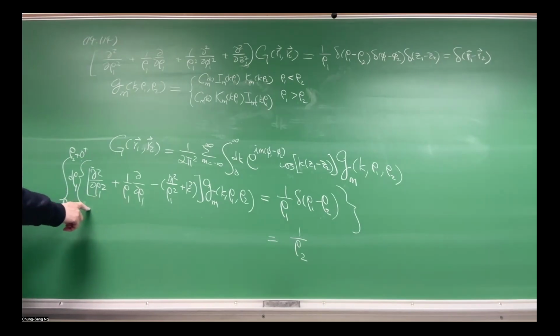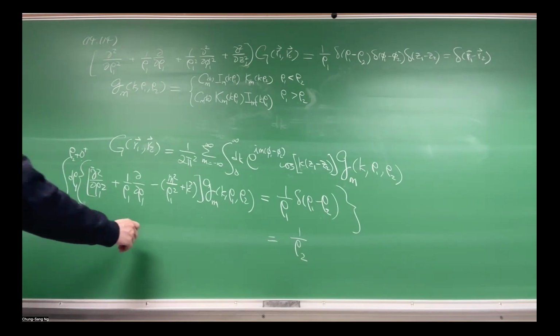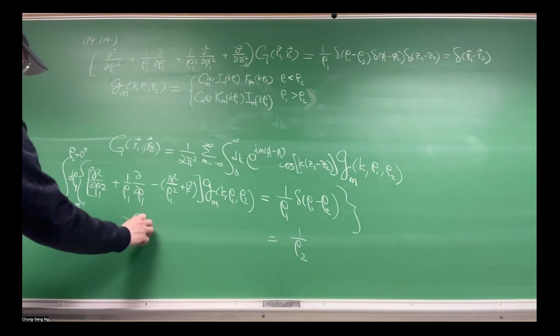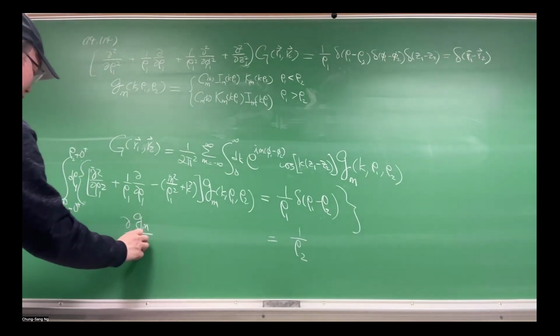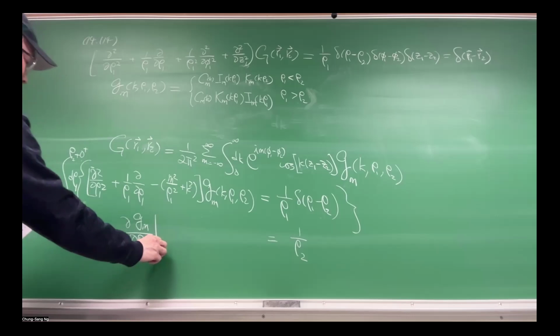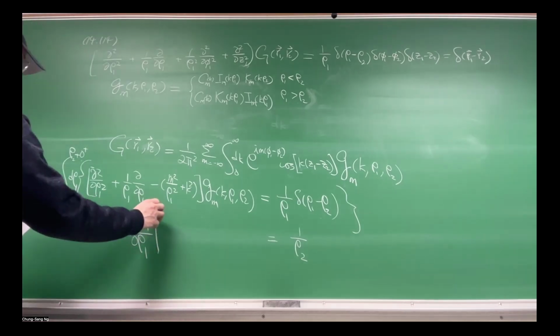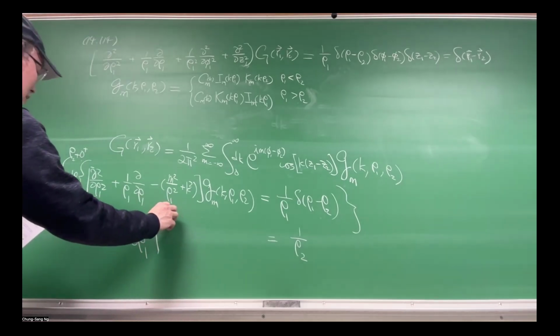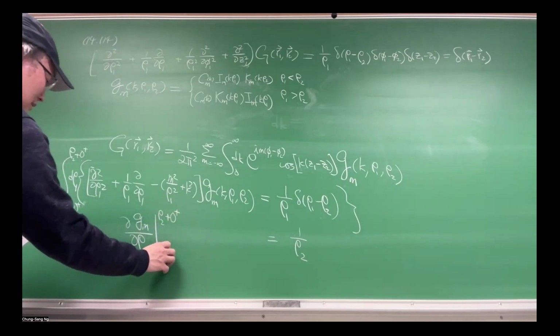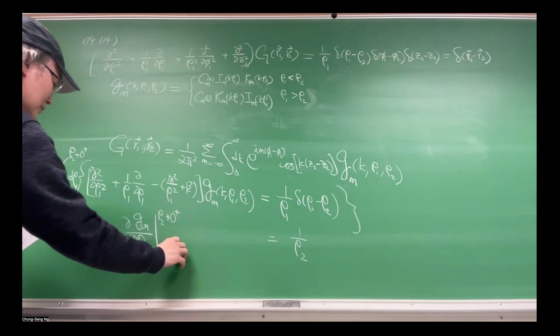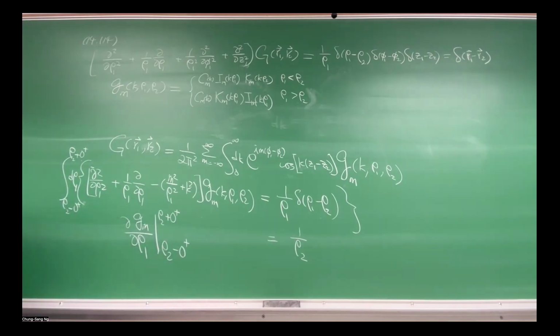Now the first part, the last one that we consider, is the second derivative. The same consideration means that this is G sub m, derivative with respect to rho sub 1, evaluated at the upper limit, rho sub 2 plus a little bit, and the lower limit, rho sub 2 minus a little bit.